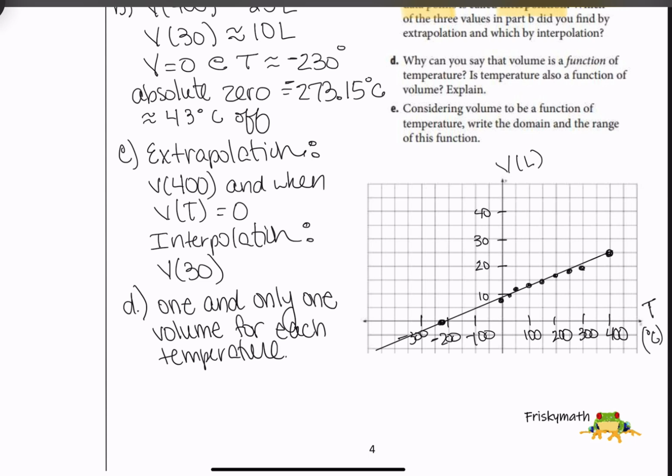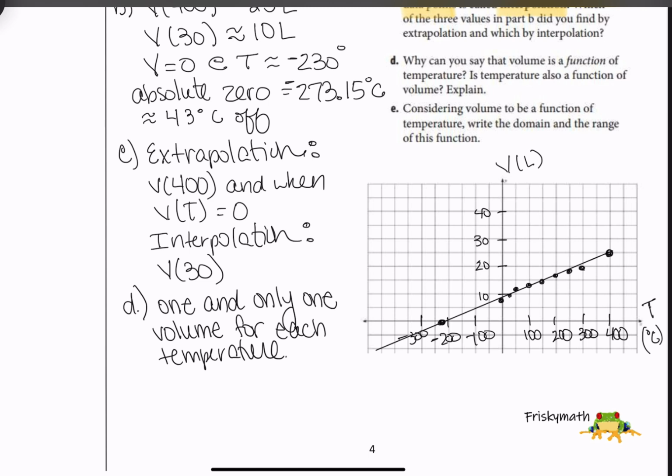Is temperature also a function of volume? Explain. Well, is there one and only one temperature for every single volume? For example, if I look at a volume of 20, yeah, there's only one temperature. I don't know, it's a little bit past 300, right? Or if I look at a volume of 10 liters, yeah, there's only going to be one input, one temperature that corresponds with that.